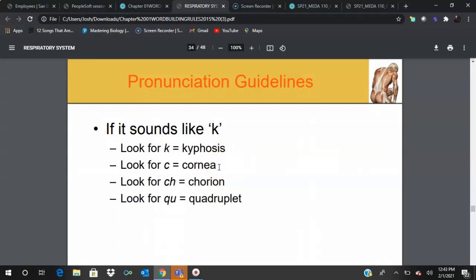This word is just straight C. When we have C with an O behind it, you get that hard sound, cornea. So cornea is part of the eye. And then CH, that's not a ch sound, that's actually the hard K sound, chorion. And then this is a little bit odd, but this is quadruplet, so QU has that K sound as well.